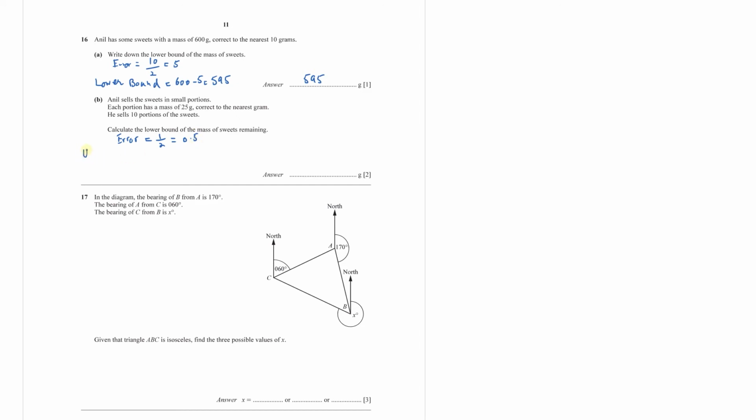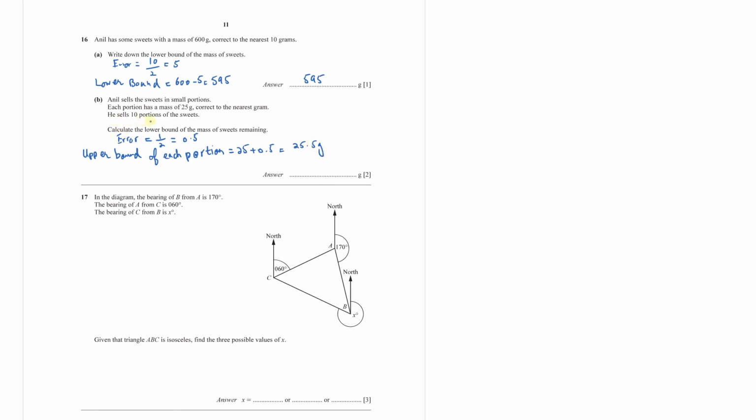So the upper bound of each portion would be equal to 25 plus 0.5, which is 25.5 gram.